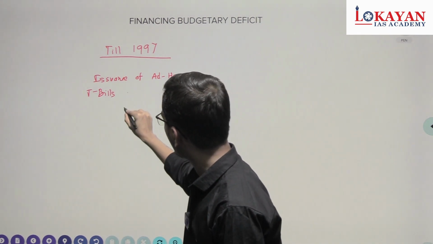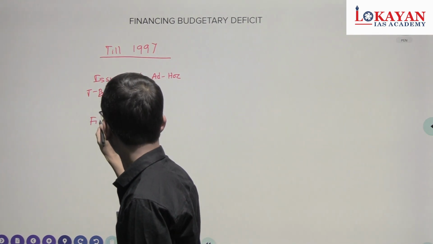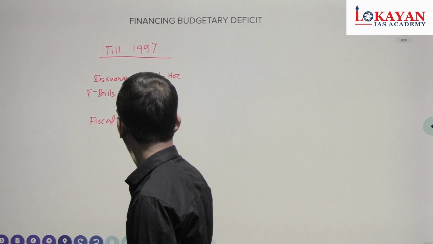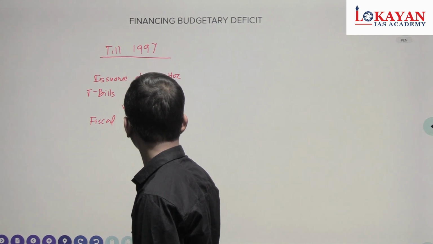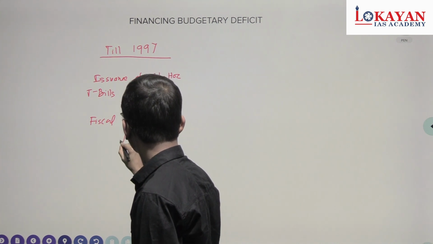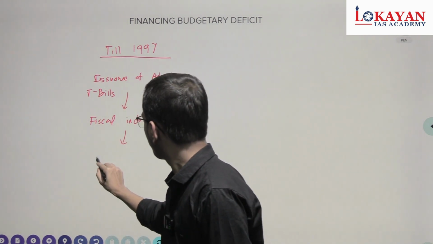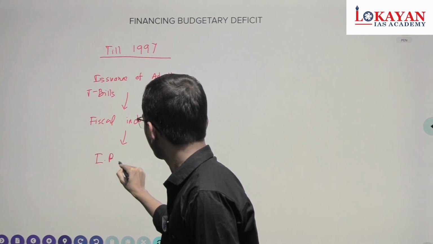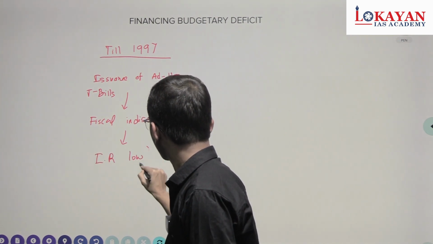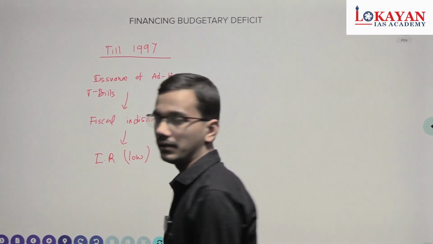So this gave rise to fiscal indiscipline. The interest rates were also low. So the system wasn't financially feasible.